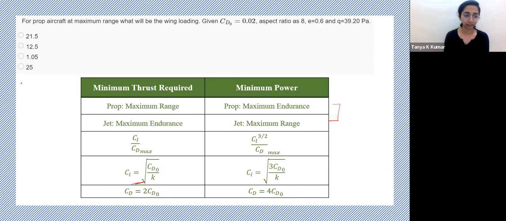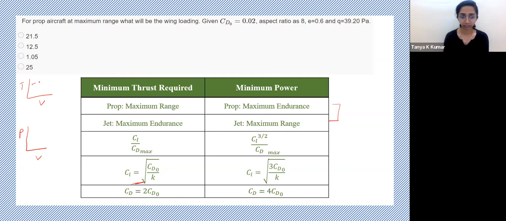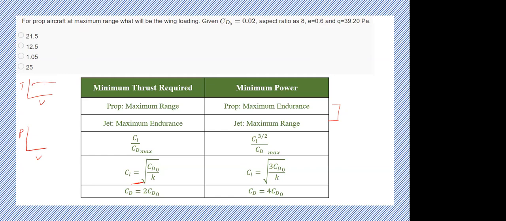Do you remember thrust versus velocity and power versus velocity? You remember these graphs? Yes, ma'am. For jet engine, thrust remains almost constant. And for propeller, it decreases with increasing velocity.